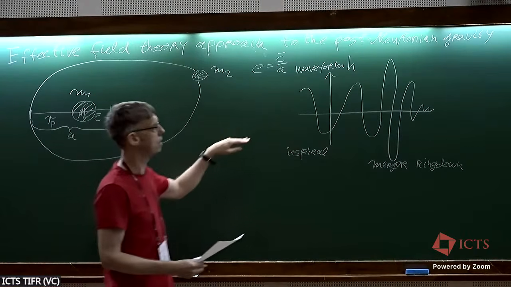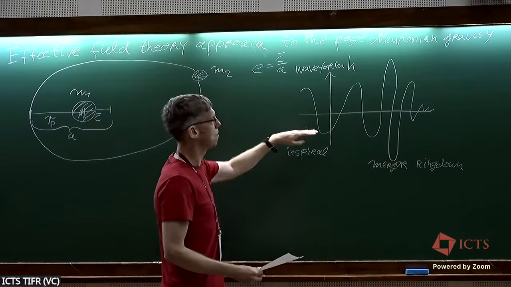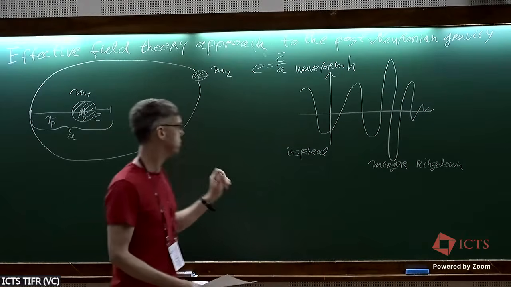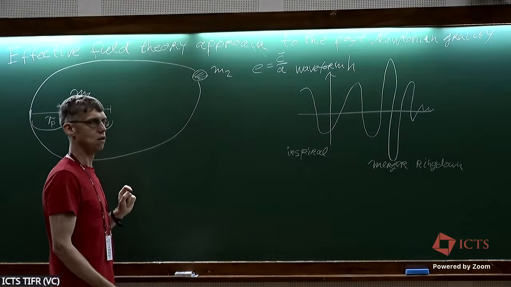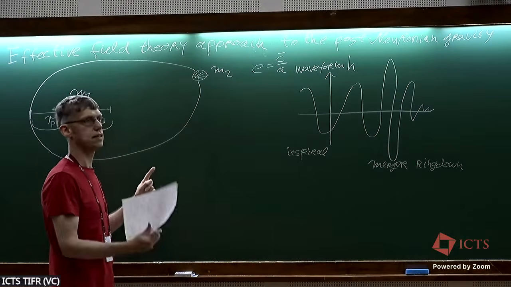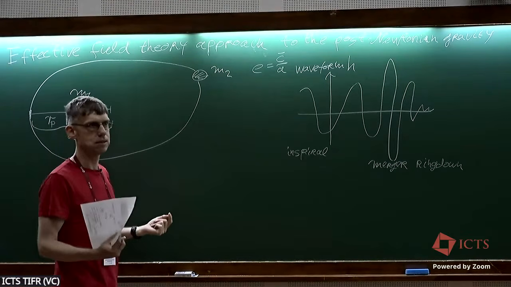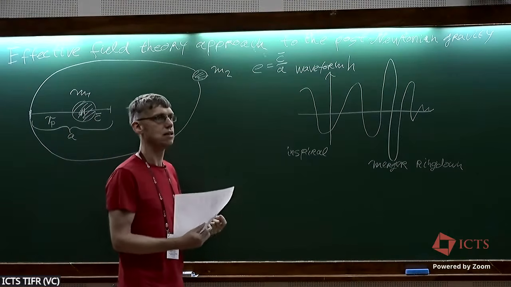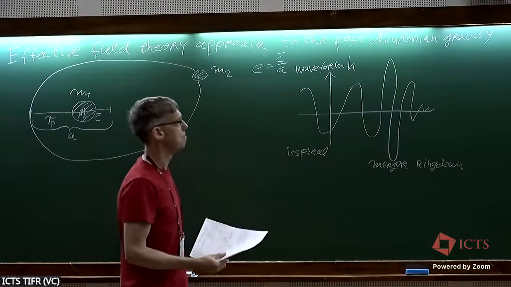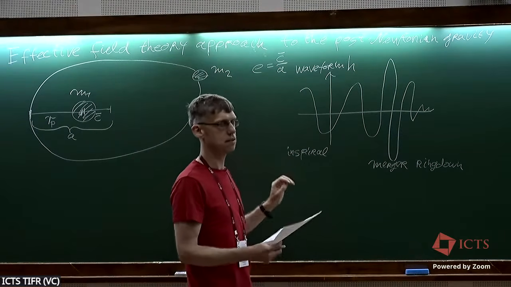But even if you can see the signal rather clearly in the data, you want to compare it to theoretical predictions, so you can figure out what were the masses of the source, or say the spins of the black holes. In the case of neutron stars, other properties like tidal deformabilities one wants to measure or at least get constraints on. And for that, it's really essential to make those predictions and to make them very precise.